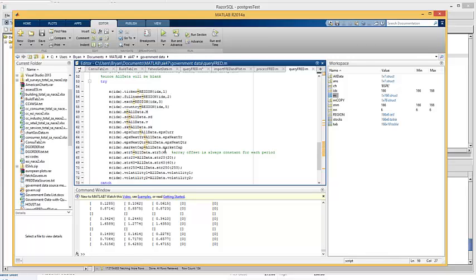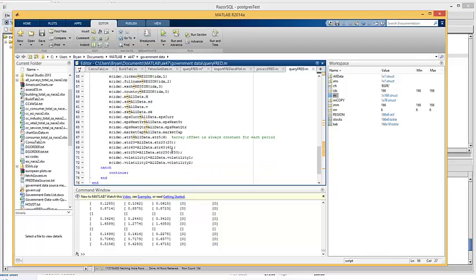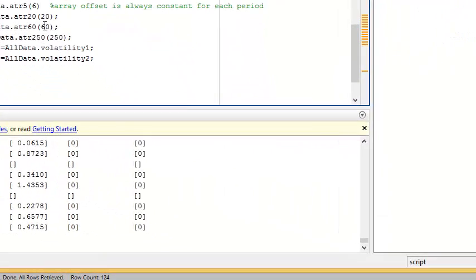There's an ATR forecast, 5-day, 20, 60-day, and 250 days. So it's basically saying 5-day, 20-day, which is a month, the 60-day, which is a quarter, and a 250 for the year.